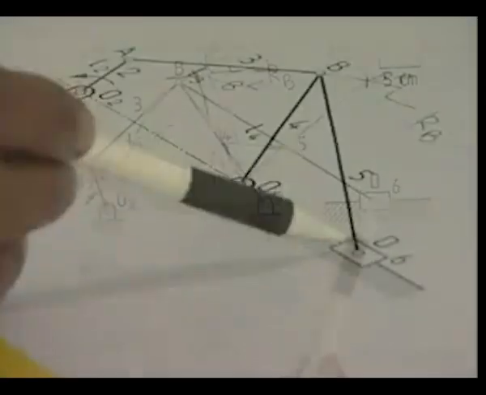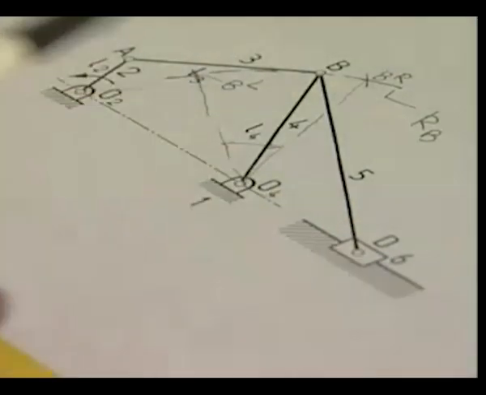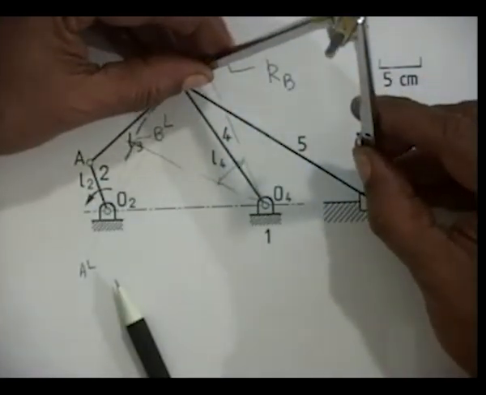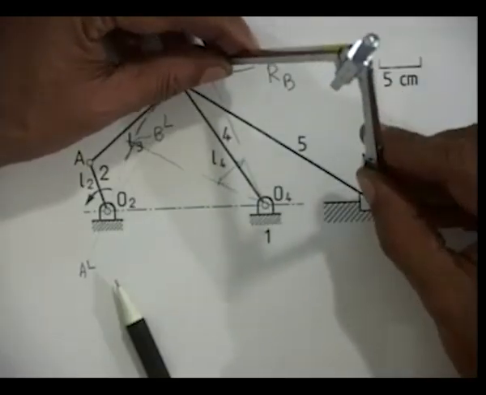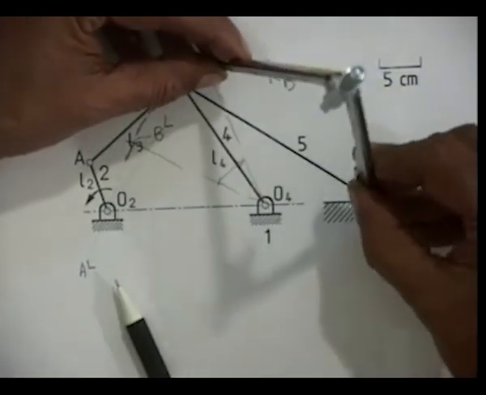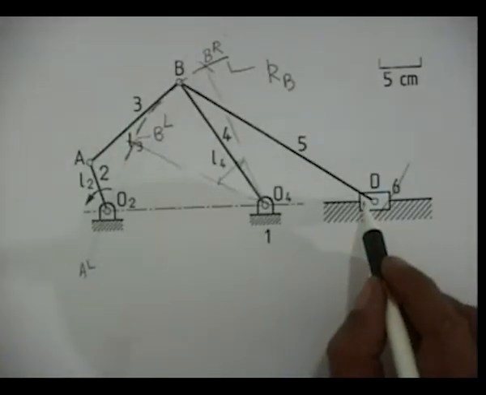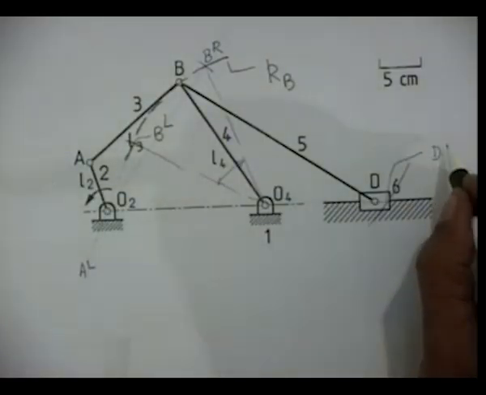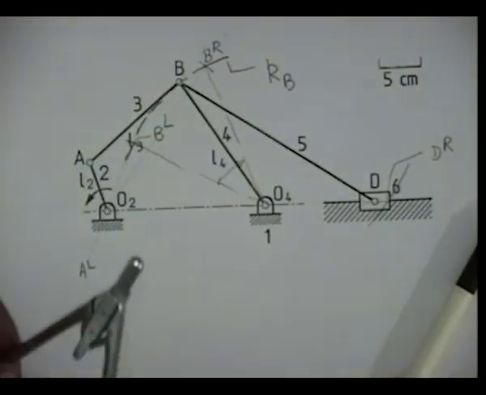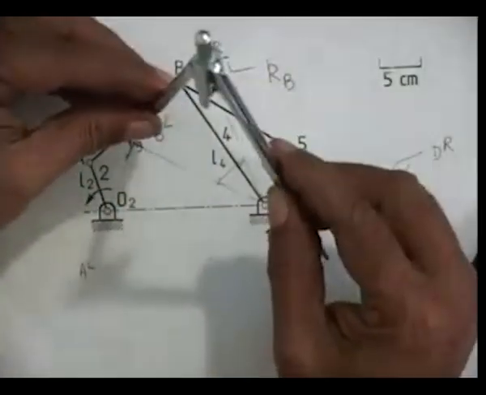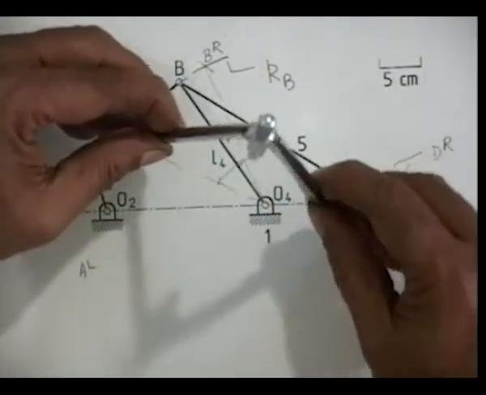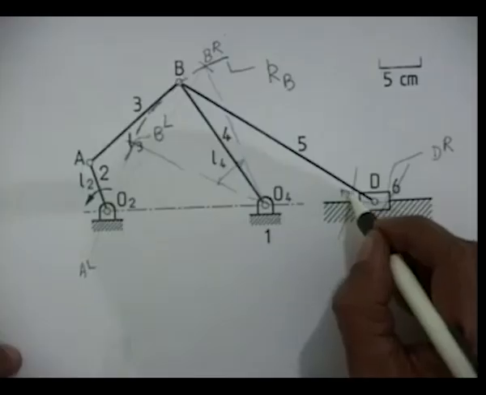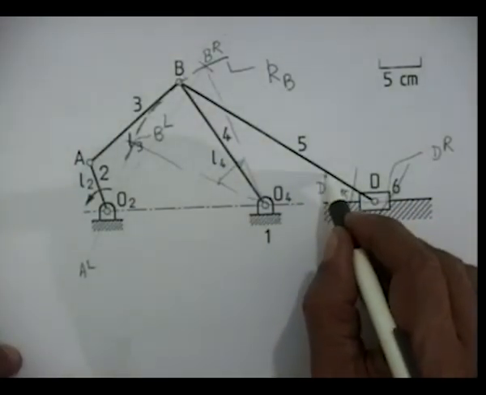Now BD is of fixed length and D moves on this horizontal line. So from this BR, if I mark this BD, from BR I mark this circle, and wherever it intersects the horizontal line through D, that determines the extreme position of D. I call it DR. Similarly, from BL, again taking the same length BD, I draw a circular arc, and wherever it intersects this horizontal line through D, that determines the extreme left position of D, that is DL.